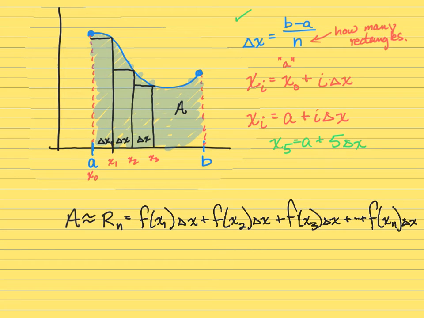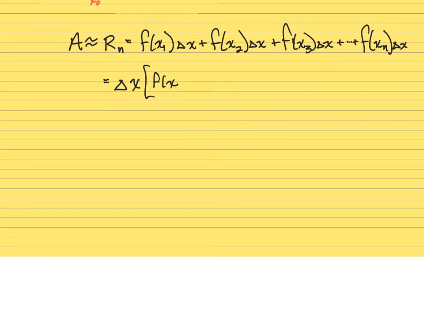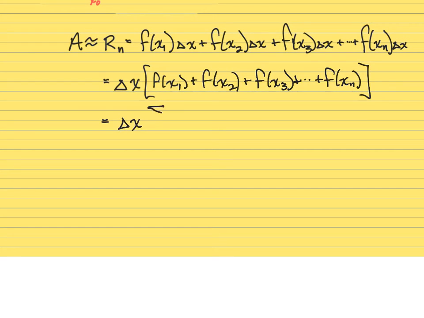Looking at that a little closer, I can factor a delta x out, and all you've got is f of x sub 1 plus f of x sub 2 plus f of x sub 3 plus f of x sub n, or, more concisely, delta x times the sum of the f of x sub i's.